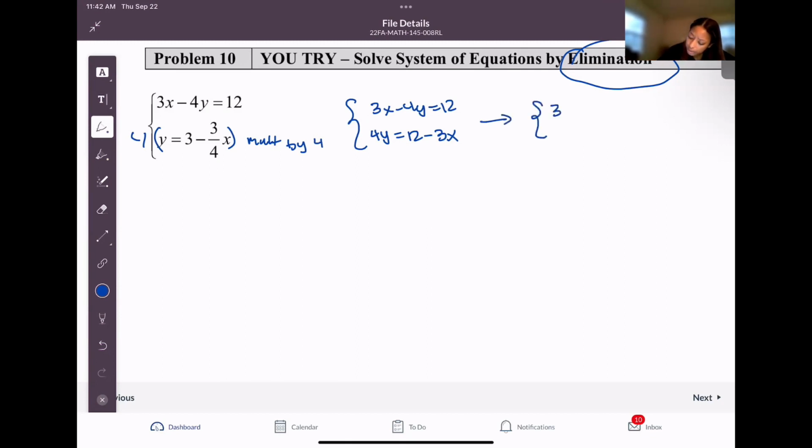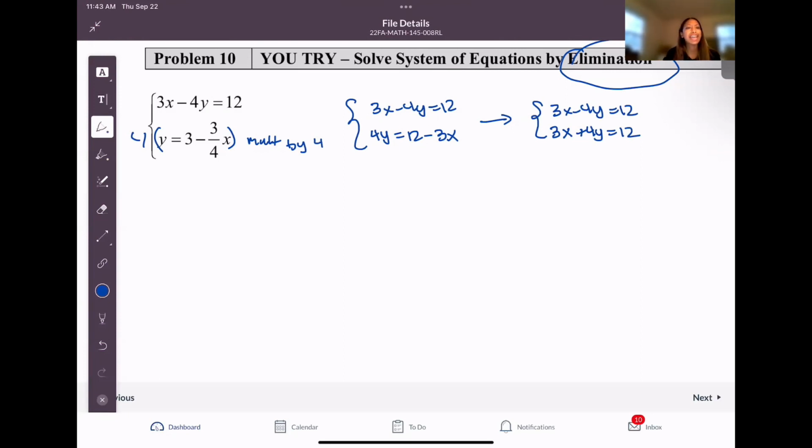The first equation is 3x minus 4y equals 12. For the second equation, if I add the 3x to both sides, okay, we get 3x plus 4y is equal to 12.